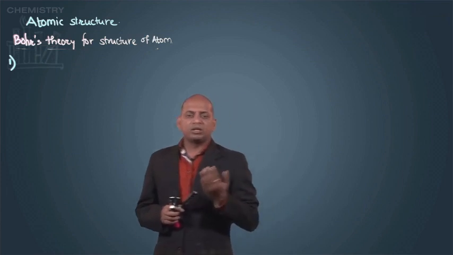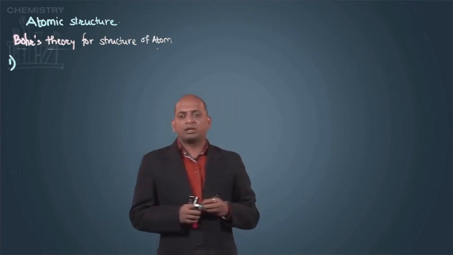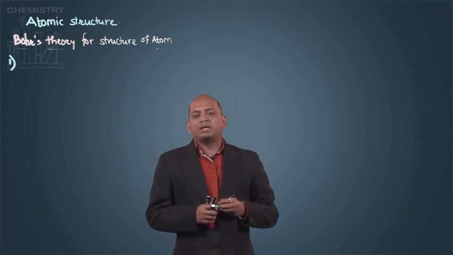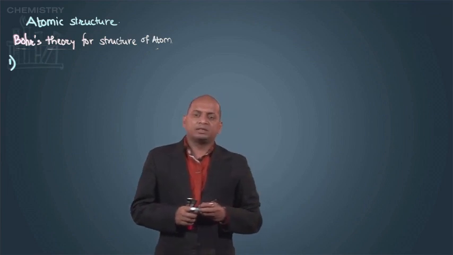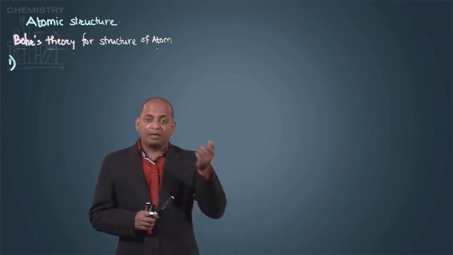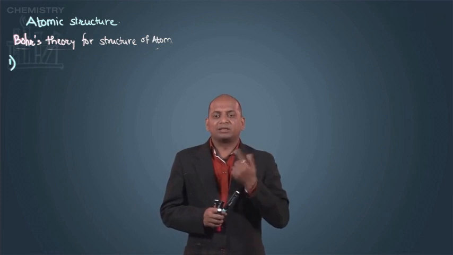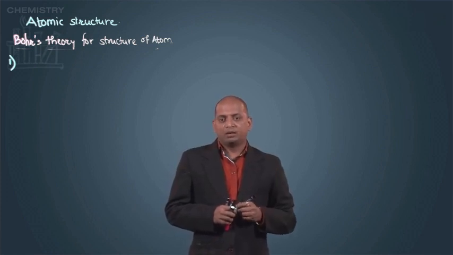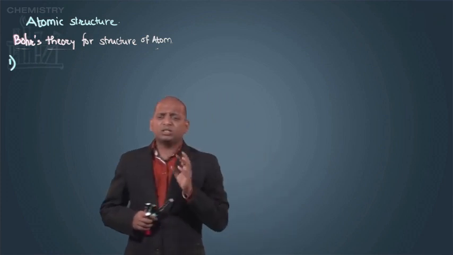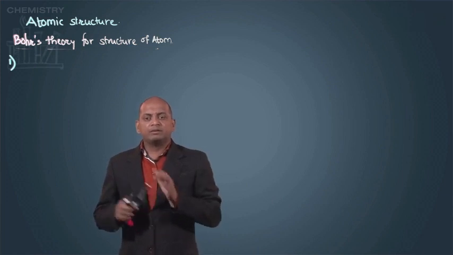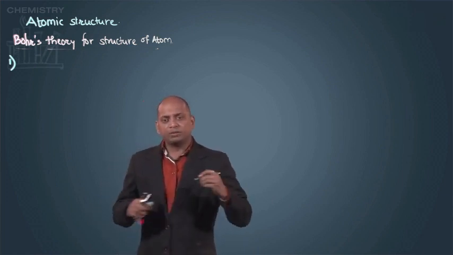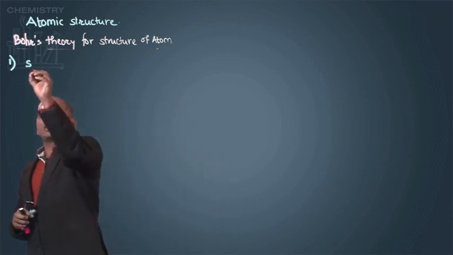Therefore, those stationary orbits are also called main energy levels or principal energy levels, and that introduced the shell concept, the number of shells concept. So these are the two important concepts given by Niels Bohr. The first one, the concept of stationary orbit.